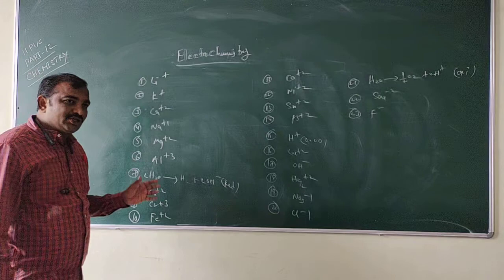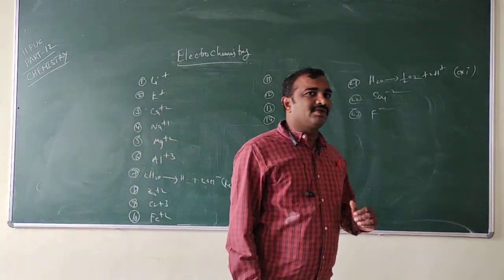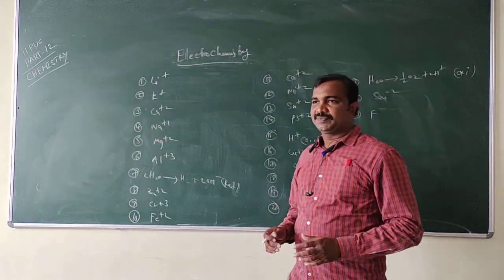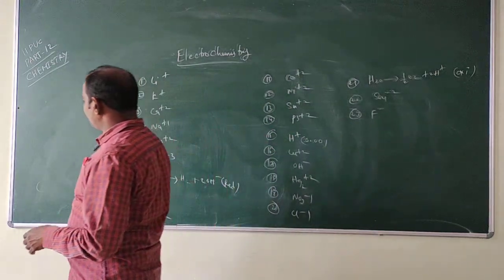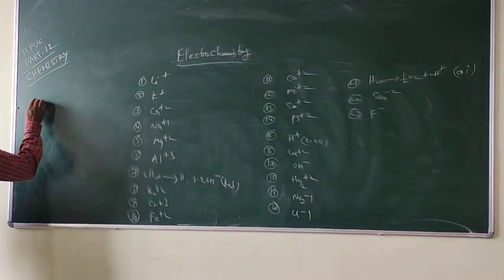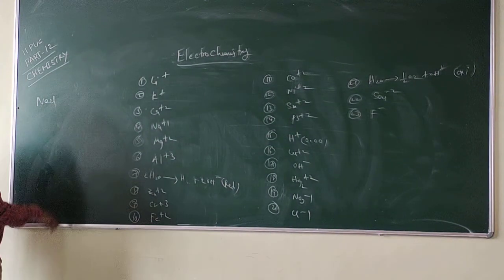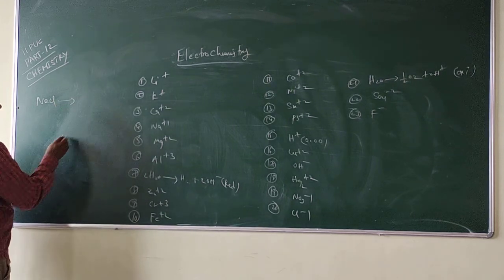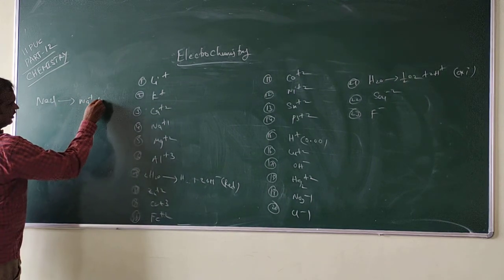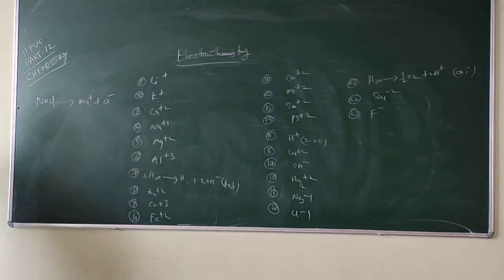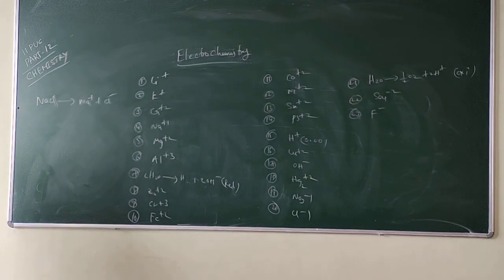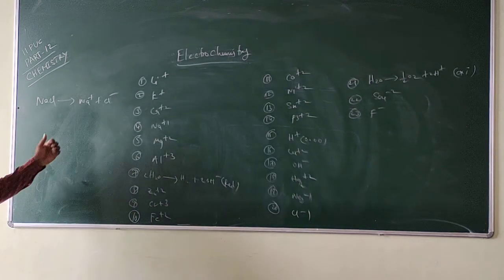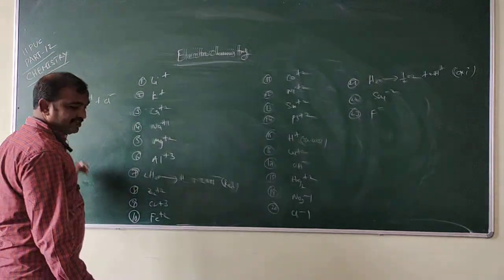What is the use of this order? Suppose on electrolysis of NaCl, Na plus and Cl minus are formed. What is deposited at the cathode and what is deposited at the anode?